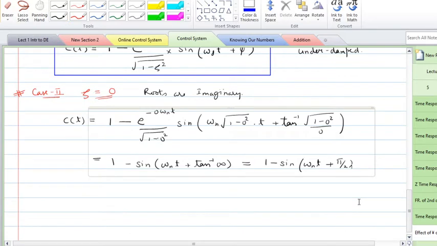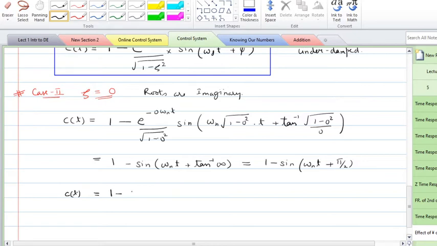So we will get the final result as C of t is equal to 1 minus cos of omega n t. Okay, so the response will be this one for zeta equal to 0.